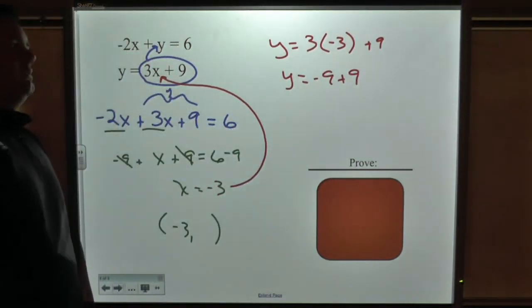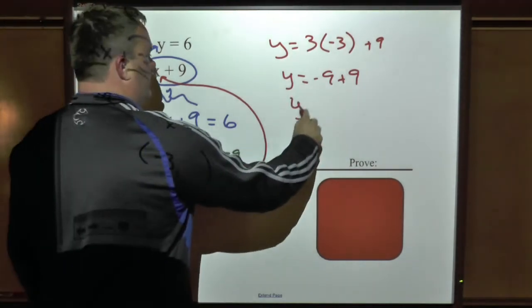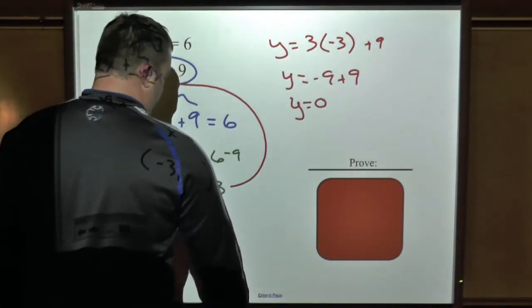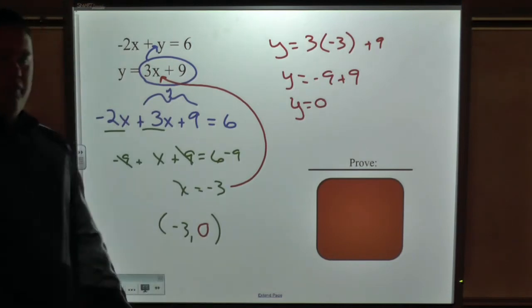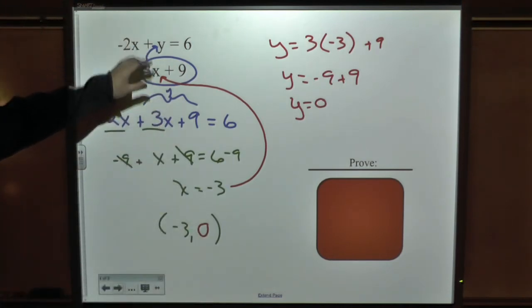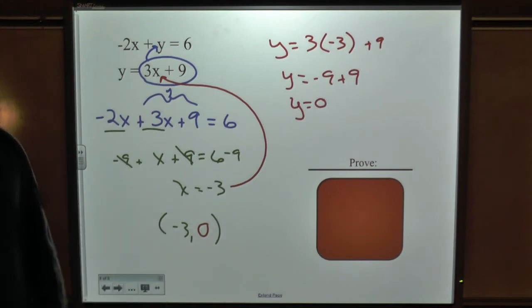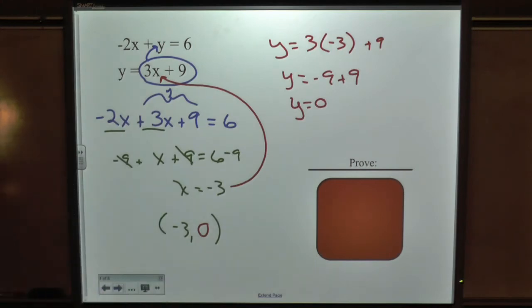Negative 9 plus 9 is 0. So, the y-coordinate is 0. If you were to draw these two lines, they would intersect at the point (negative 3, 0). That is the solution to that system of equations.